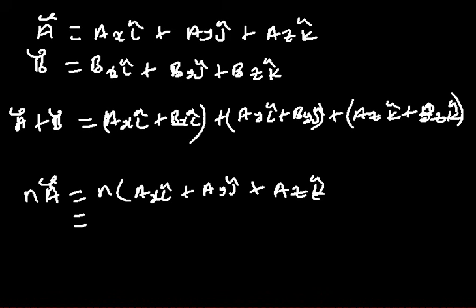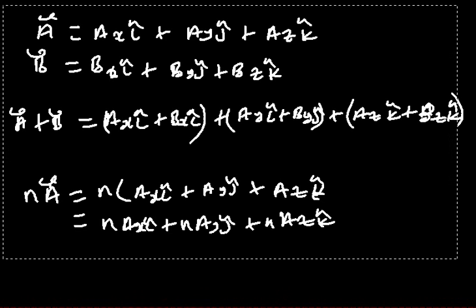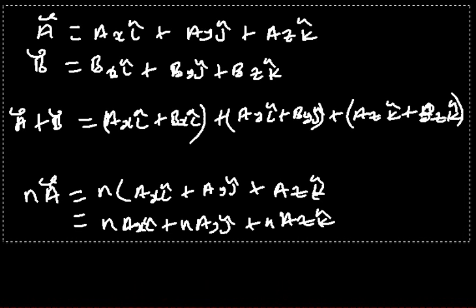This is the same as n Ax i hat plus n Ay j hat plus n Az k hat. That's what we call the multiplication of a vector with a scalar quantity.